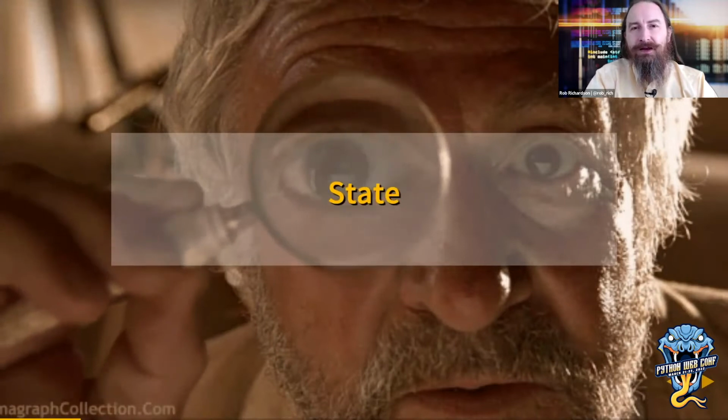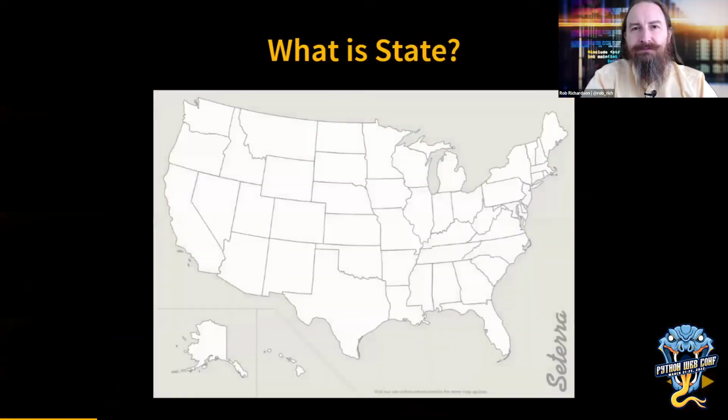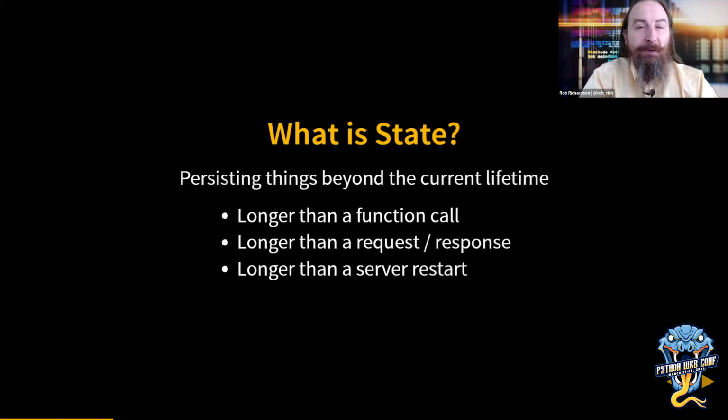What is state? These are not the states that we're talking about today, but these are indeed states. We're going to talk about state. State is things that live beyond the current lifetime. So if my current lifetime is a function, then the state will be something that lives beyond the function. Maybe it's a class variable.